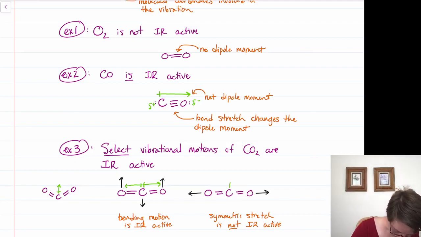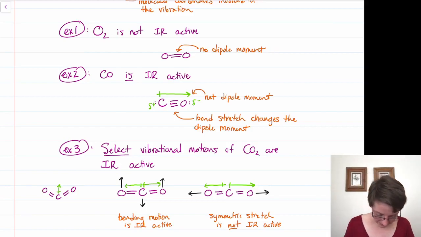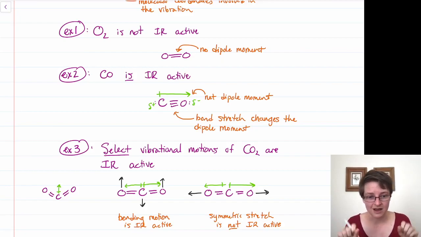And unfortunately, while each of the CO bonds has a dipole moment associated with it, those dipole moments in the symmetric stretch are going to cancel each other out, regardless of whether we're stretching or compressing. So the symmetric stretch motion doesn't have an associated dipole moment or change in the dipole moment as the vibrational motion occurs, and that means that the symmetric stretch is not IR active.